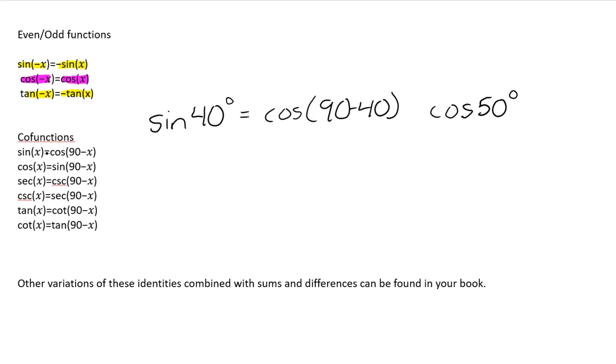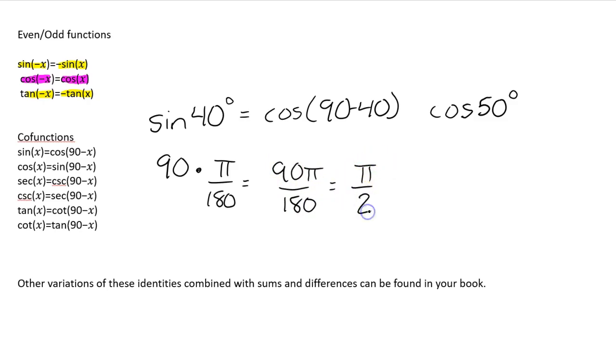Now another way to look at this that's being introduced in this chapter is when we think about these values as in radians. We've talked about converting to radians. So if I have 90 degrees, either you remember from your unit circle, or if not, we can convert very quickly. We know times pi over 180. So I have 90 pi over 180. And if we simplify 90 over 180, we know we get pi over 2.